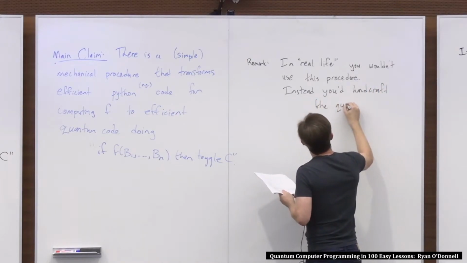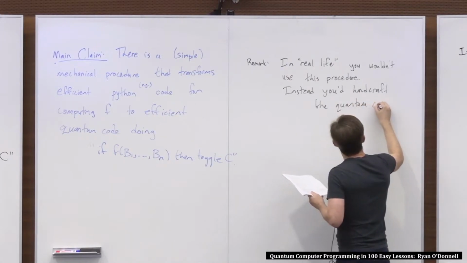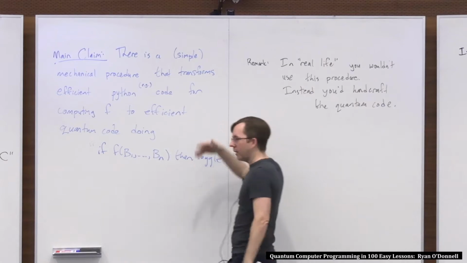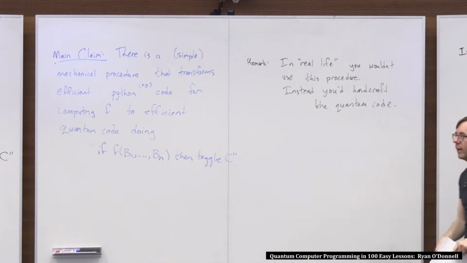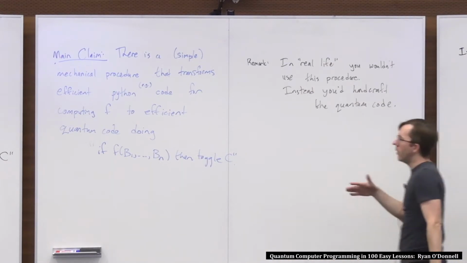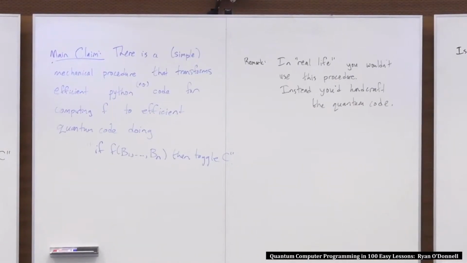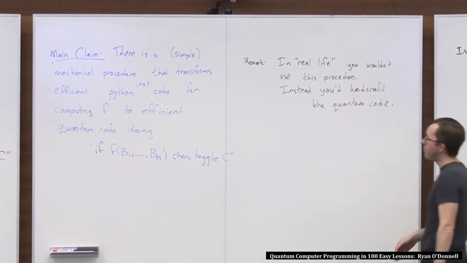So what do I mean by this? I'm going to try to convince you today that there is indeed some procedure that will just mechanically, you put in your Python or your Java code, and it'll spit out quantum code that basically does the same thing. And I'm going to explain it in a way that makes it as simple, intuitive, and believable as possible, so that you'll be like, yes, I agree that this is something that can be done.